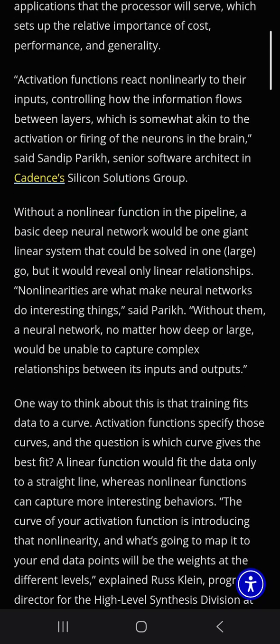Without a nonlinear function in the pipeline, a basic deep neural network would be one giant linear system that could be solved in one go, but it would reveal only linear relationships. Nonlinearities are what make neural networks do interesting things, said Parikh. Without them, a neural network, no matter how deep or large, would be unable to capture complex relationships between its input and output.